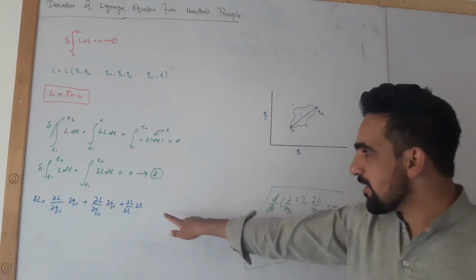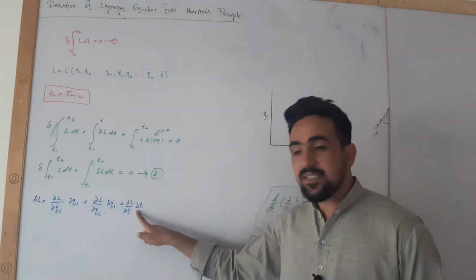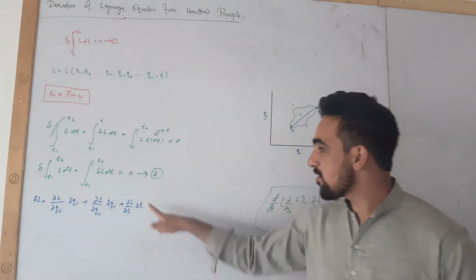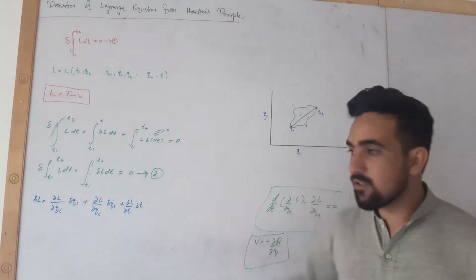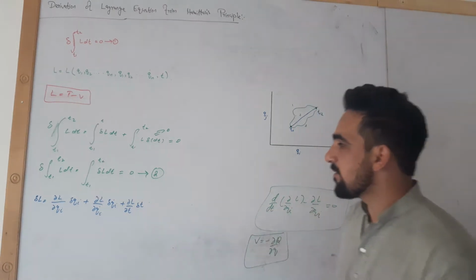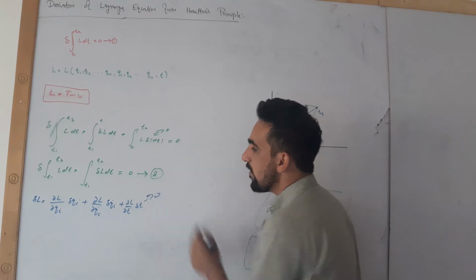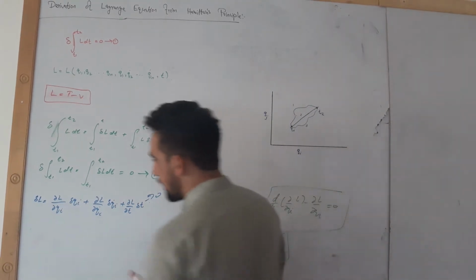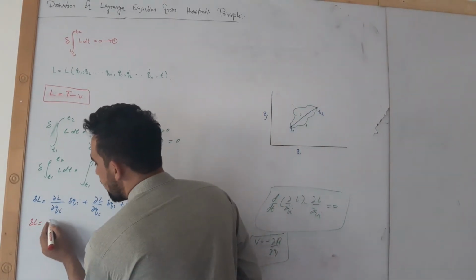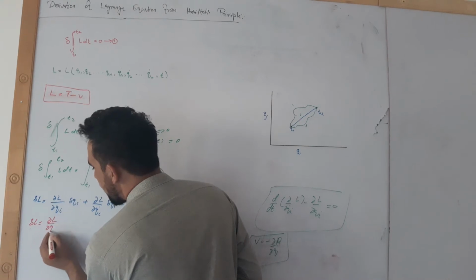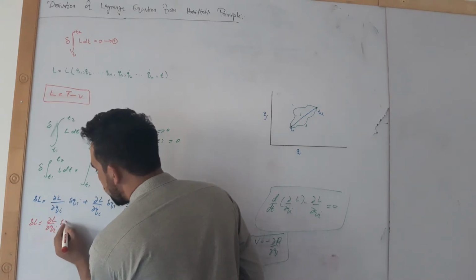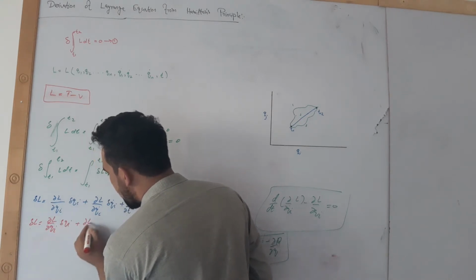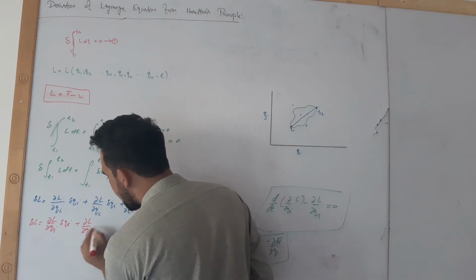In this equation, the third term is 0 because δt is 0, so this whole term becomes equal to 0, and we are left with δL equal to ∂L/∂qi δqi plus ∂L/∂q̇i δq̇i.